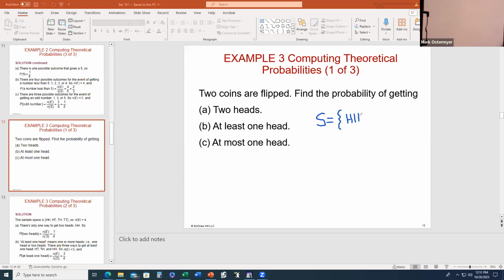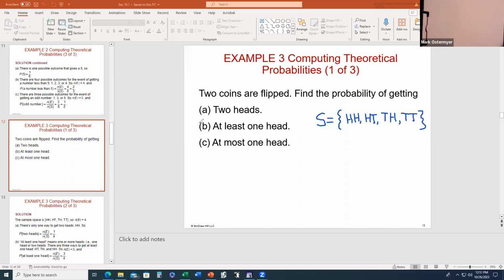That's one possible outcome. Another outcome would be what? We could flip a head on the first coin and a tail on the second coin. Or we could flip a tail on the first coin and a head on the second coin. And there's one more outcome. That would be we flip a what? A tail on the first coin and then a tail on the second coin.